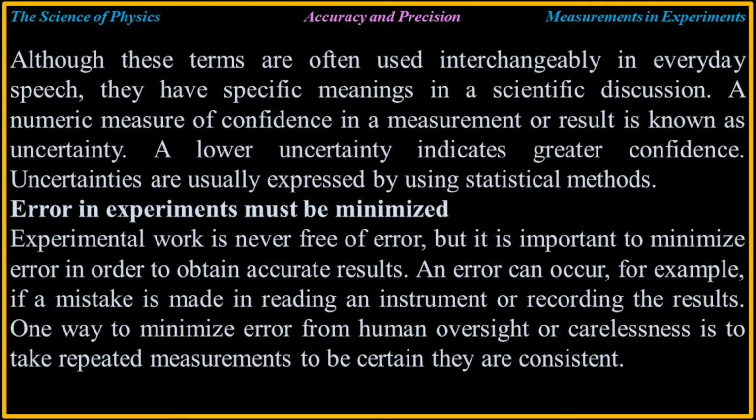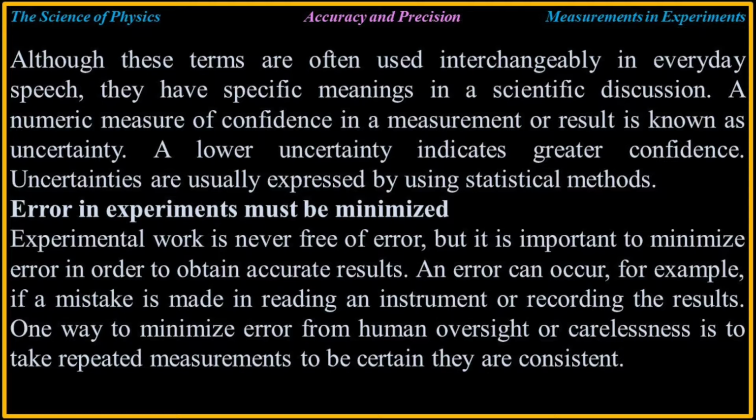Although these terms are often used interchangeably in everyday speech, they have specific meanings in a scientific discussion. A numeric measure of confidence in a measurement or result is known as uncertainty. A lower uncertainty indicates greater confidence. Uncertainties are usually expressed by using statistical methods.